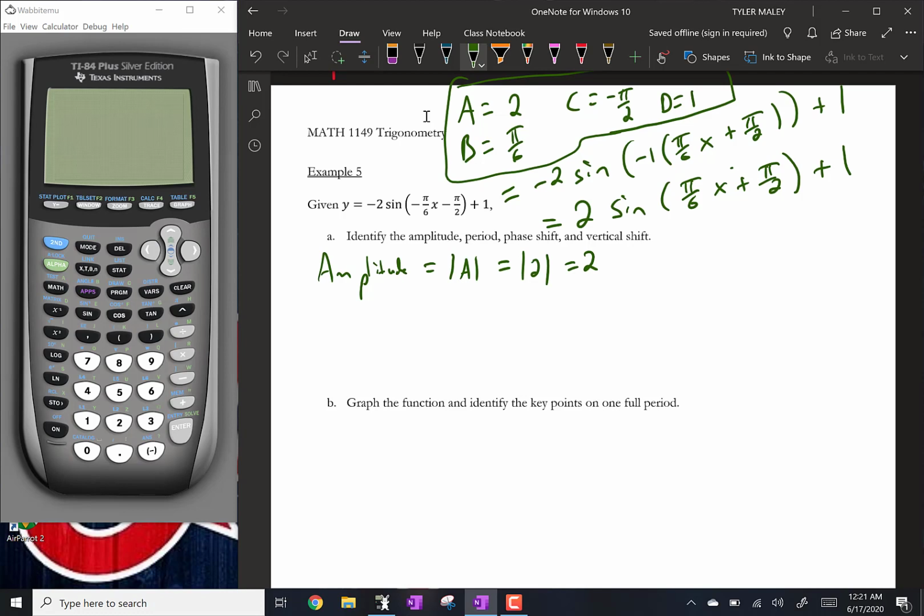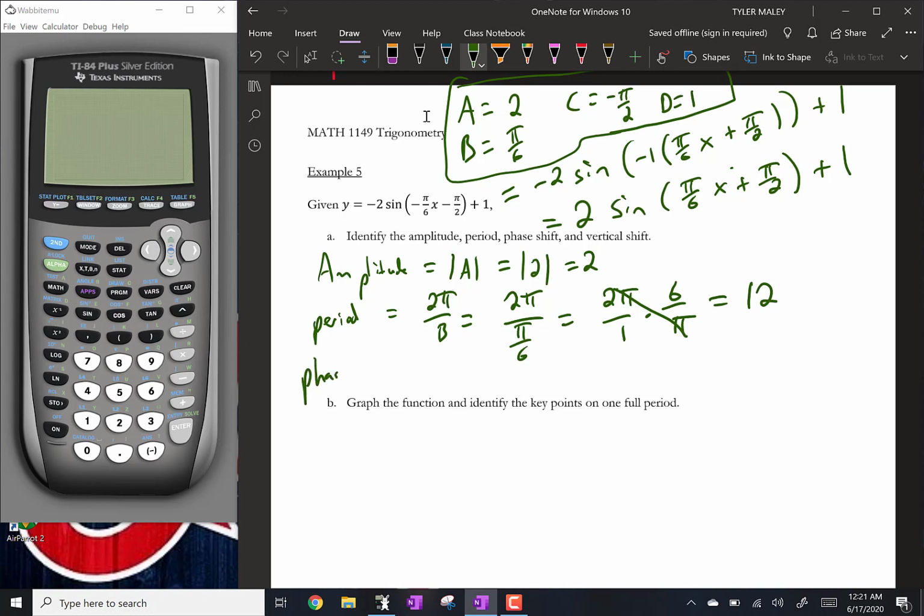So next we need to find the period. The period is equal to 2 pi over B, which in this case would be 2 pi divided by pi over 6, which would be 2 pi over 1 times 6 over pi. So the pi's end up canceling. So here we get 12, right, for the period.